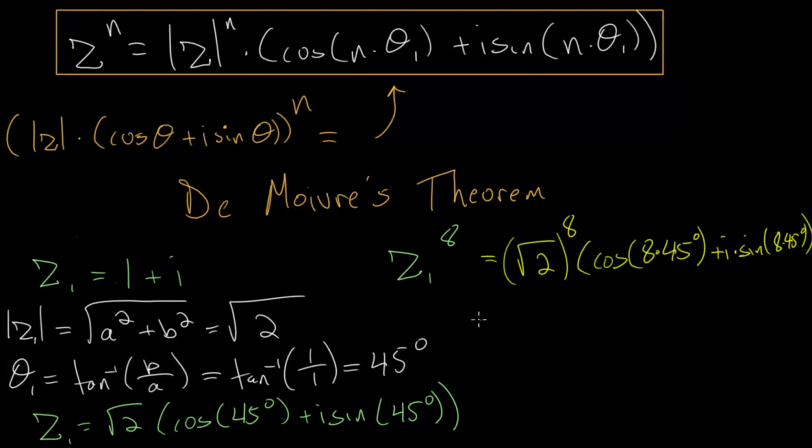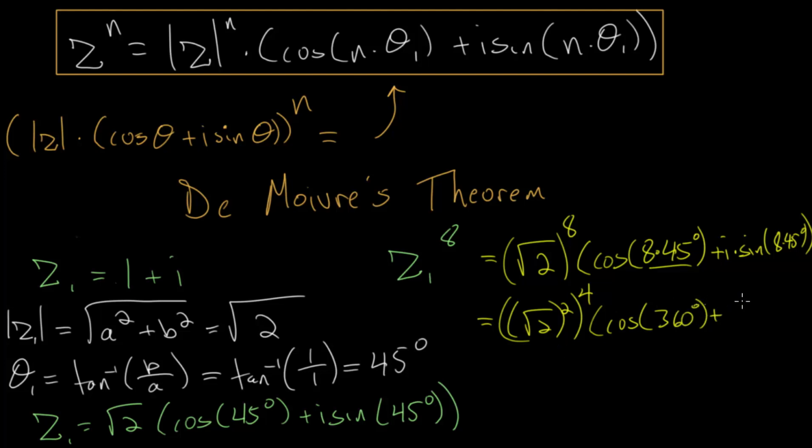And we can simplify everything. If we look at this magnitude, we can rearrange this as the square root of 2 squared, and then all of that to the 4th power. It makes the arithmetic a little bit easier. And then we have the cosine of 8 times 45. Well, 2 times 45 is 90, and then if we multiply 90 by 4, which is the same as 8 times 45, we get back 360.